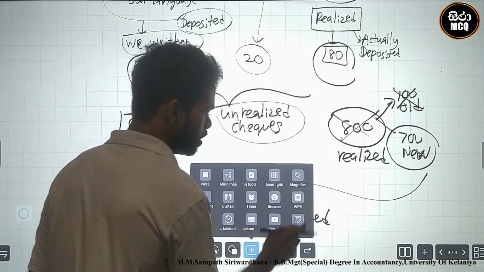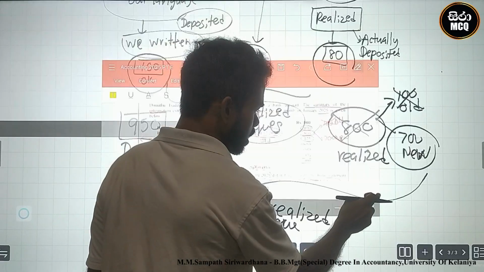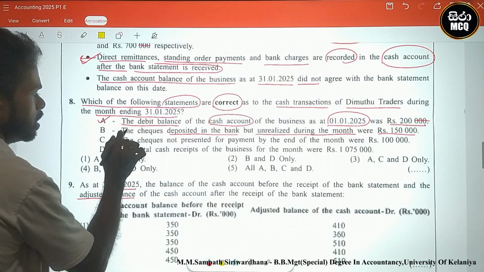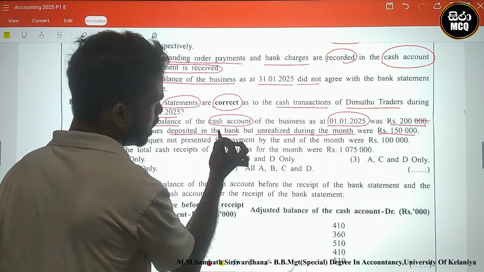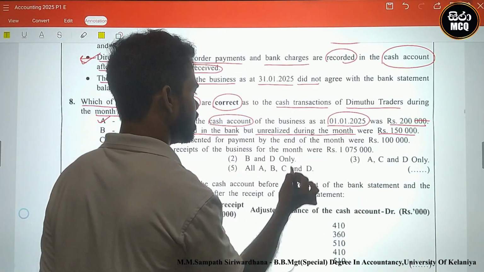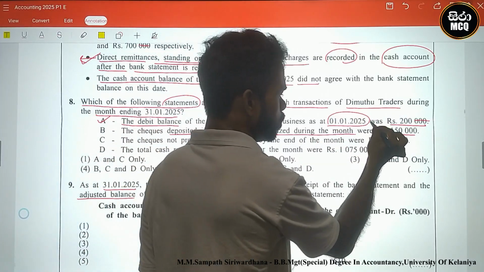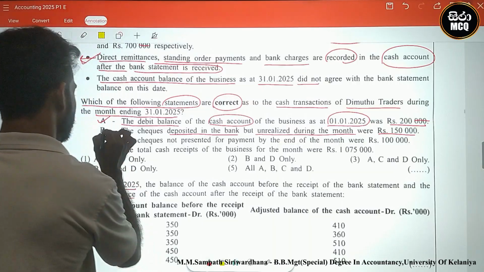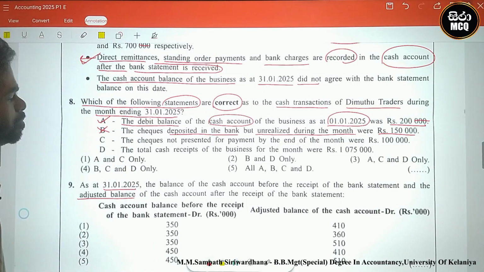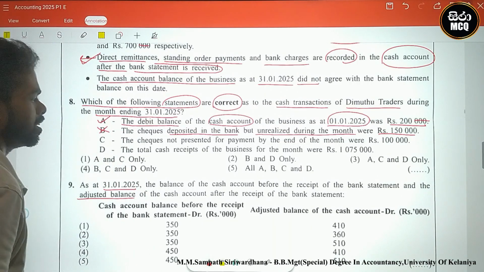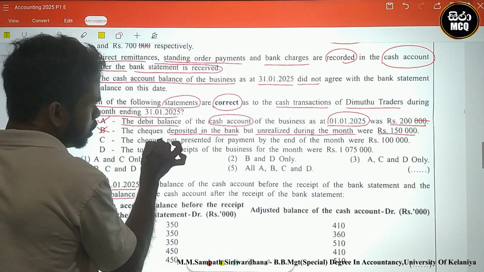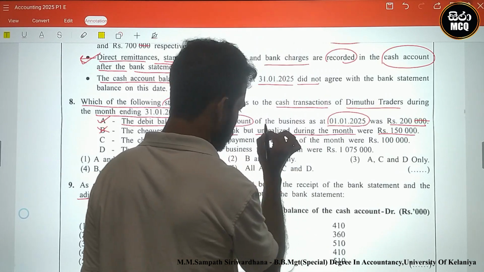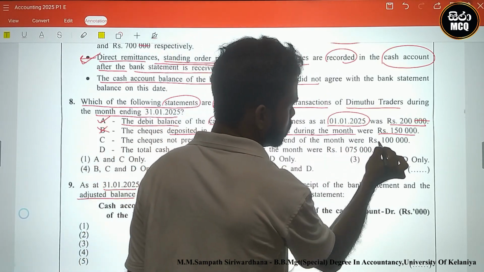But the question said unrealized checks are 150. Look here, the checks deposited in the bank but unrealized during the month were 250. Therefore B is the incorrect one. Look here, the checks not presented for payment by the end of the month were 100.